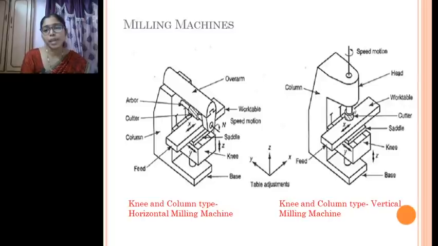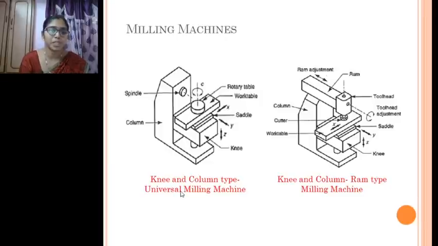In the same way, in a vertical milling machine an arbor is not present. The cutter is mounted directly to the spindle, and it has the rotational motion, and all the other motions are given to the knee. This is the basic type of milling machine.